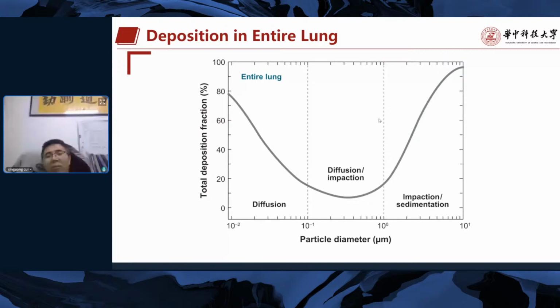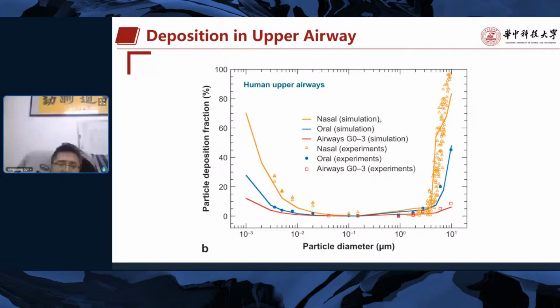But particles less than 10 micrometers can go inside the respiratory system, and only this part of the particles do not deposit in the upper airway.